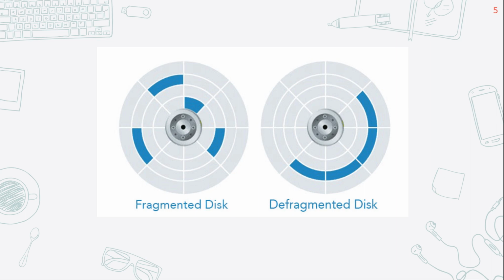So you can already get an idea that it is very tough to retrieve the fragmented data as compared to the defragmented data, as all the parts are available in a contiguous location.